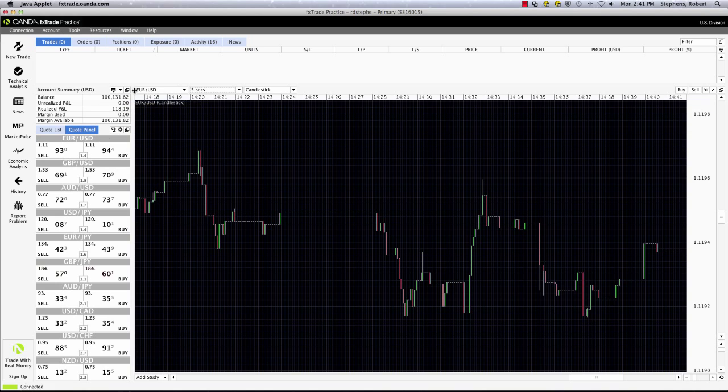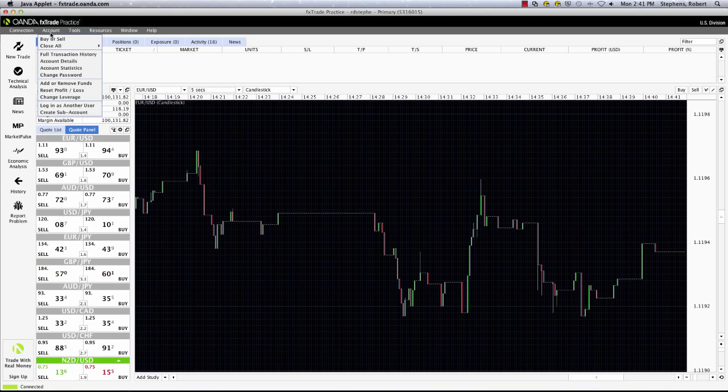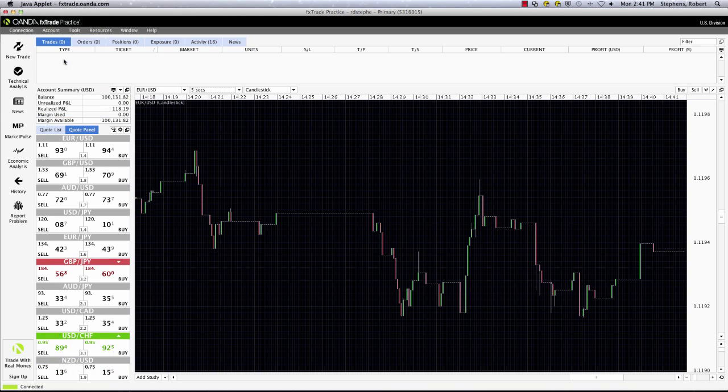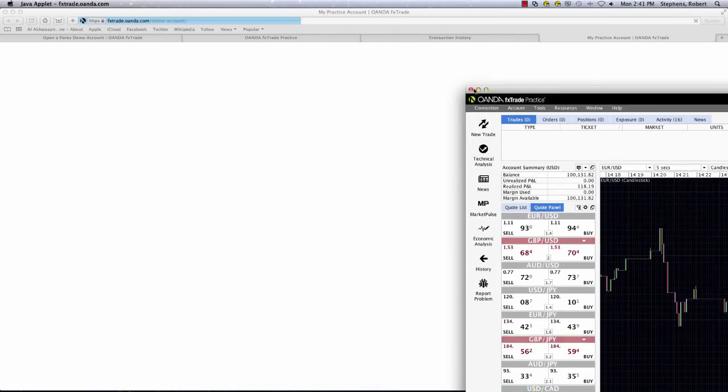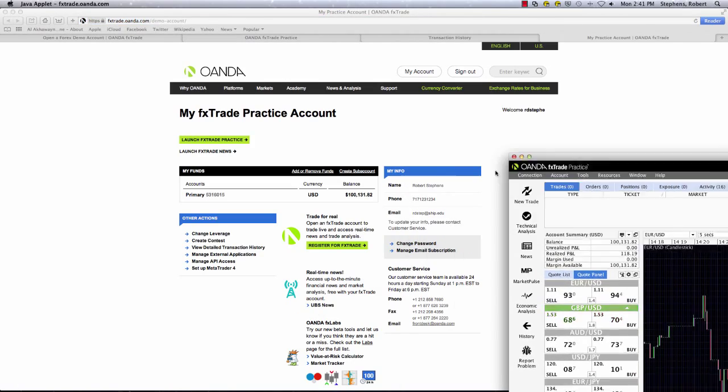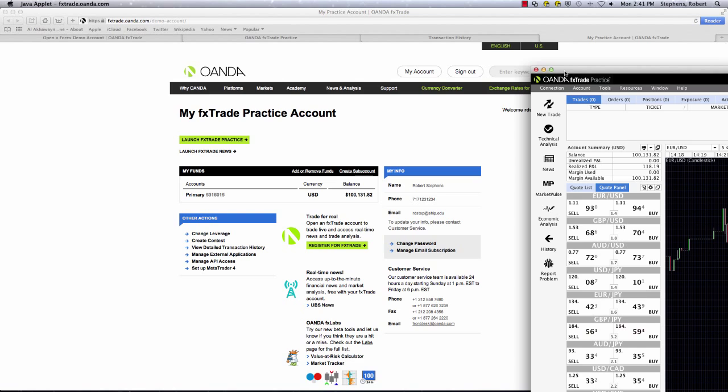This is what's really important, and your reports will be based on that information. If I go back to my account, I guess account details might have something for me. Pulls this screen up. Okay, I don't know what that 77,000 was that showed up earlier, but I'm back to 100,131.